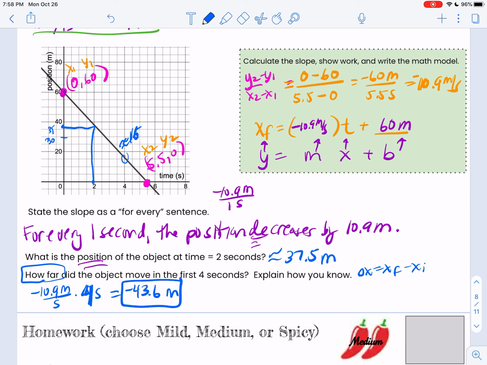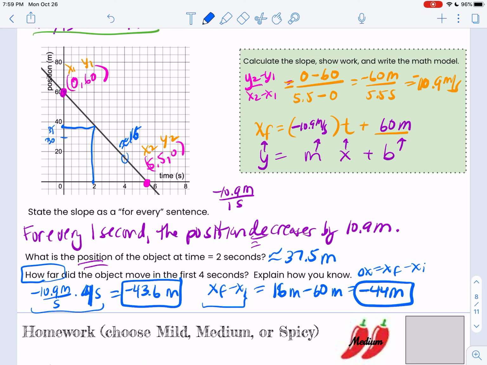Or if I know it started at 60 and ended at 16, the final position is about 16 minus 60, and that's going to be pretty close, about negative 44, which is pretty close because we can't read it that close off the graph. So you can see it either way. You can either look at the graph or you can actually calculate that.